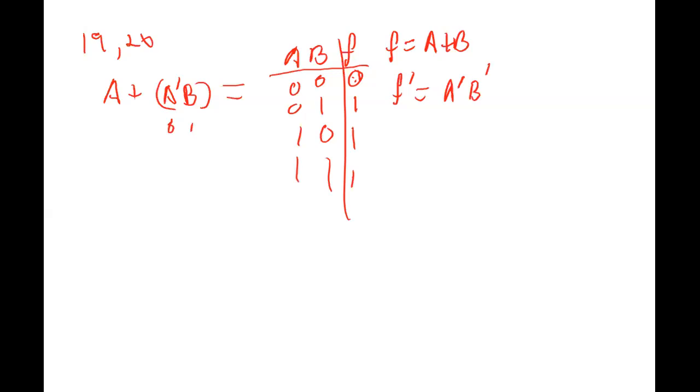But if that's true, then F must be equal to A prime, B prime inverted. So I inverted both sides. And that means that F must be equal to A or B, which is also true because of De Morgan's theorem. So either way you approach it, you could just say, well, this is what makes it false.